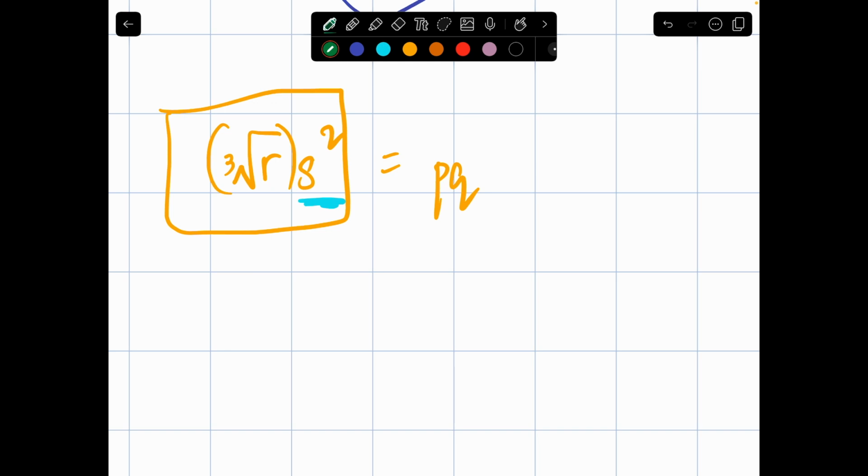Therefore, the first step is to bring the S squared to the right hand side. As you can see, the relation between R and S squared is just multiplication. So multiplication, when it goes to the right, when you change position, becomes division. S squared becomes PQ over S squared. That's it.